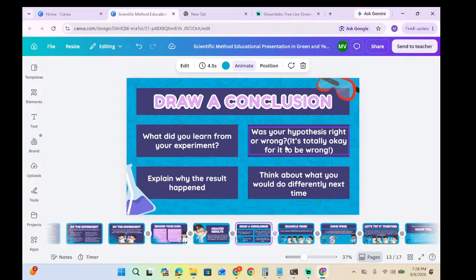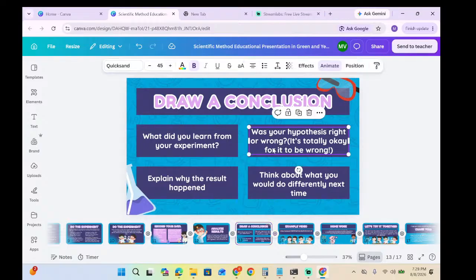It's totally okay for it to be wrong, because even when it is wrong, you're learning something. You know that your hypothesis wasn't true, and that's one more thing that you for sure know is not true. So you can focus on all the other things that may be true. Even if you feel like, oh, my hypothesis wasn't true, then my experiment was a waste, that's not the case. And then think about what you would do differently next time.